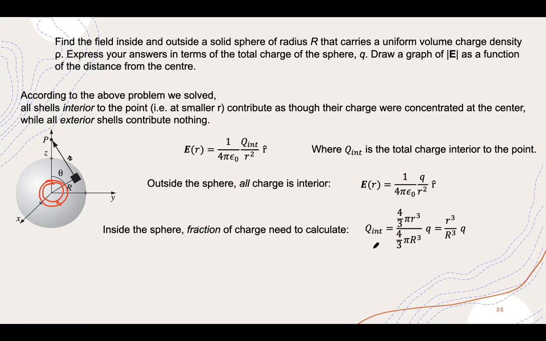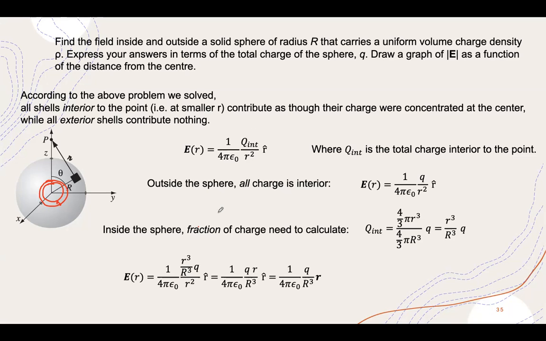Because the charge density is fixed, it is given as rho. So we can calculate q int very easily, which is rho times 4 pi r cube over 3, divided by 4 pi R cube over 3. This is the total charge, so we can take the charge density here, and this is basically given as r cube over R cube times q, and we're going to use this term here.